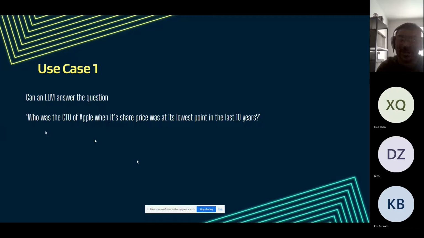So how would a language model answer this question? It has to break down the task into manageable components. It first needs to know today's date, then it needs to know what 10 years in the past means, what that date is, and then it needs to find out what the lowest share price in the last 10 years was in that date range.